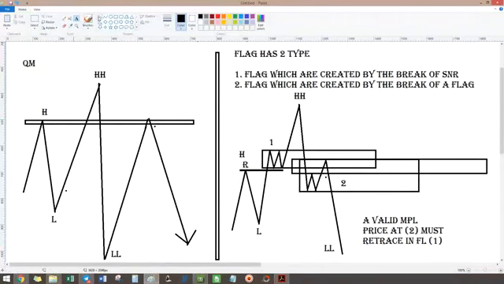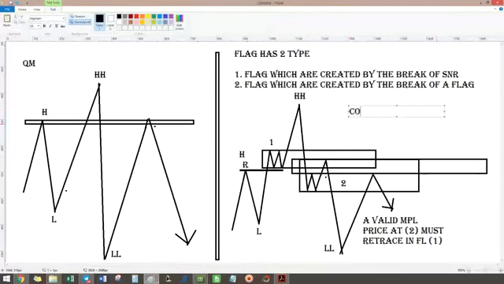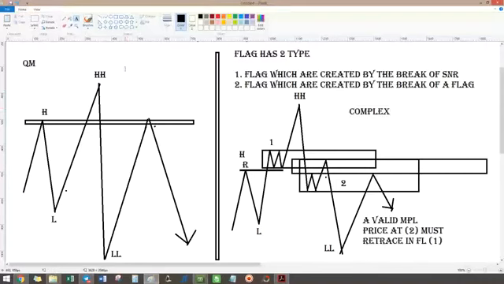Sell here and you sell here. Okay, which one is easier? Complex, simple.